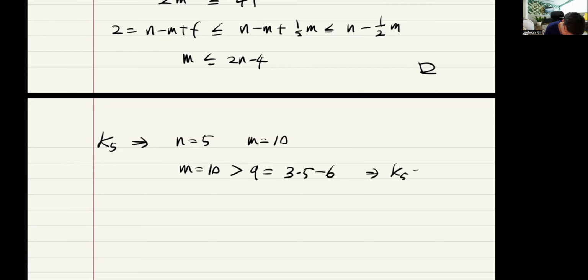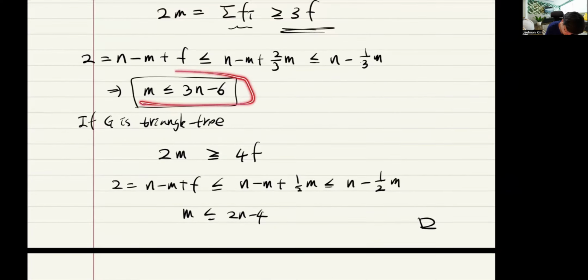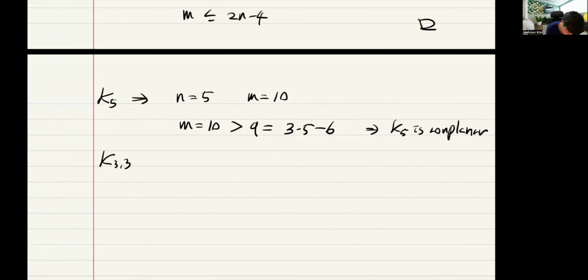So K5 is non-planar. If this were planar, then this inequality would have to be satisfied, but it did not. So this is not planar.